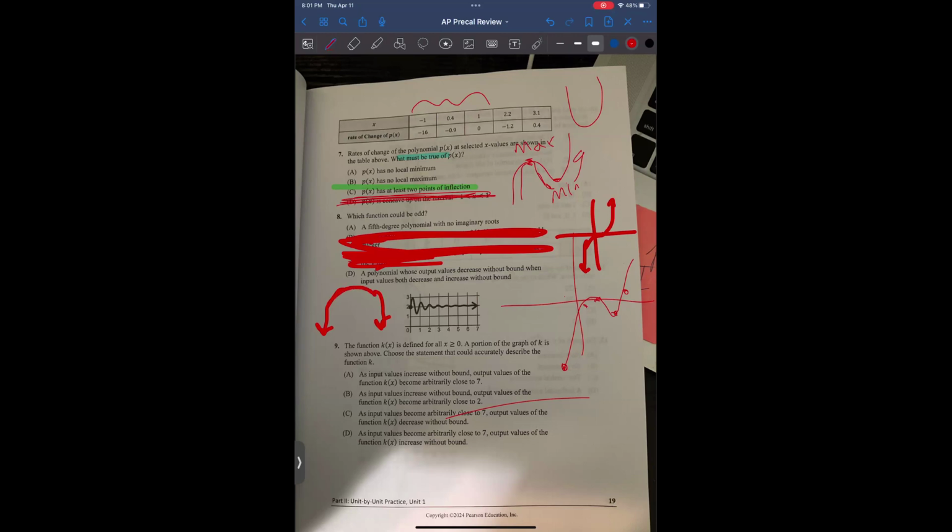So essentially, it's talking about an even function, like a parabola or a quartic function where the ends are going in the same direction. So A is actually the only polynomial that could be odd. So A was the correct answer to go with.